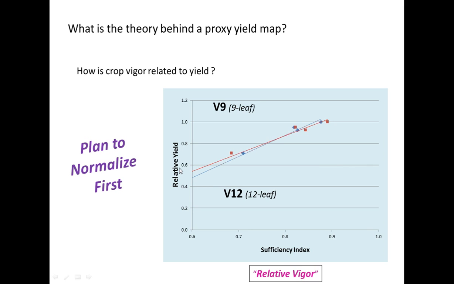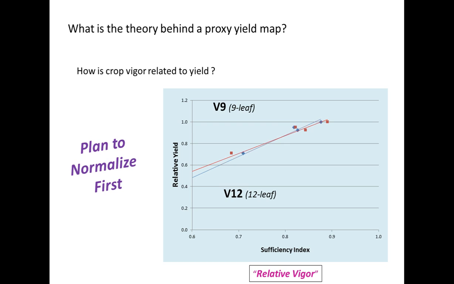In this case, this was information collected on 2 different growth stages, at the 9-leaf stage and again at the 12-leaf stage. What we find is that it's almost linear. There's great linearity between what that plant sees in terms of vigor and what the yield is going to be.